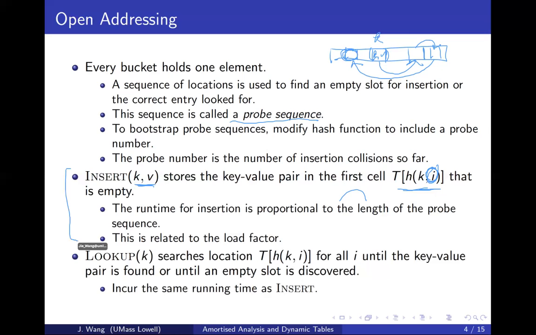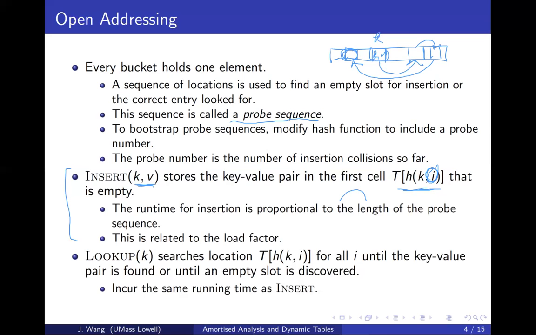Okay. And for table lookup, let's say we want to search again. You repeat the same process as the insertion. You first compute the hash value of K and go in there and see, oh, this is not the one I'm looking for. Then, under the same mechanism, you go through the same probe sequence until you find your item.